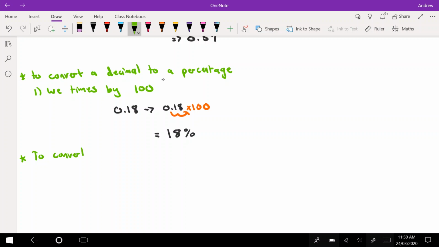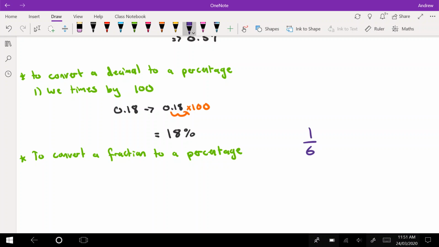Bree, I see your hand. Hold up. A fraction to a percentage. Yes, Bree? Can you give me something so I can see the answer, like a fraction, just to put into a percent? Oh, sure. Okay, so let's just do 1 over 6.